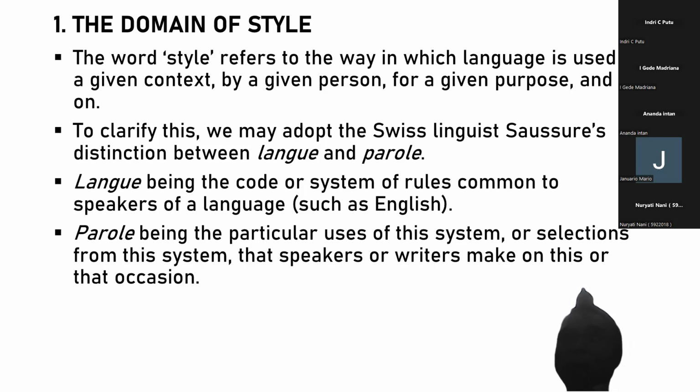Langue, in short, we can define as a kind of code or system of rules common to speakers of a language. Here, I give the example of the English language itself. Meanwhile, parole is the particular uses of this system, or selection from this system, that speakers or writers make on this or that occasion.